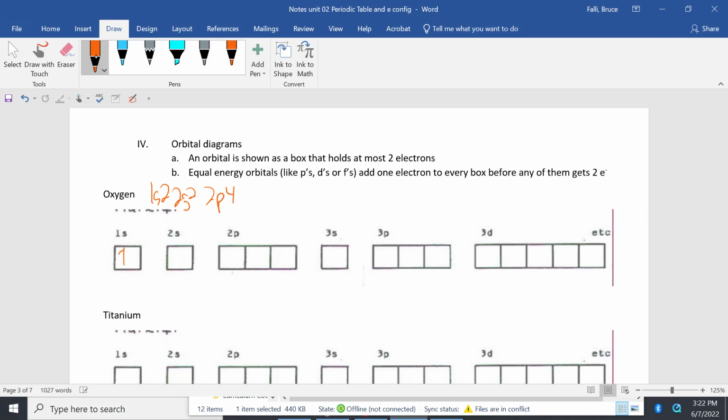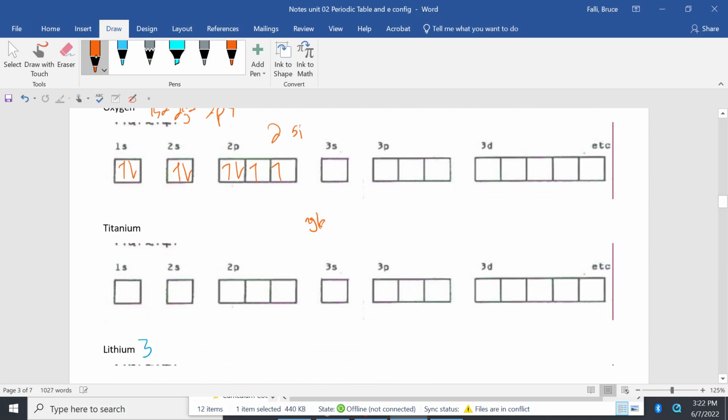So if it's 2, fill them up. 2p4. 1, 2, 3. So that's the part right here where you add 1 electron to every box before any of them gets 2. There you go. So note this has 2 single electrons.